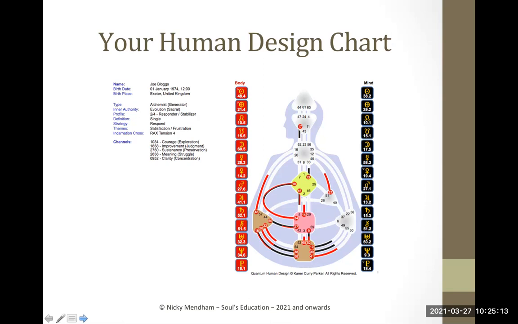And then you can also see planetary arrangements on either side of the body graph. On the left-hand side, this relates to the body, and on the right-hand side, this relates to the mind. We'll go into a little more information about that in a second. So this is generally what your body graph looks like. When you run your chart, you will produce one of these.